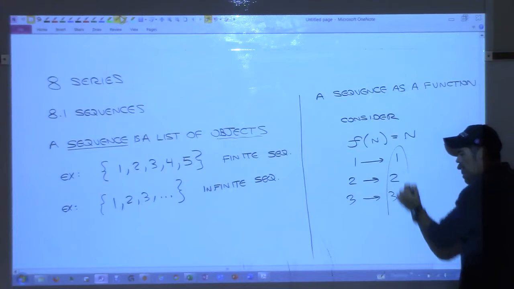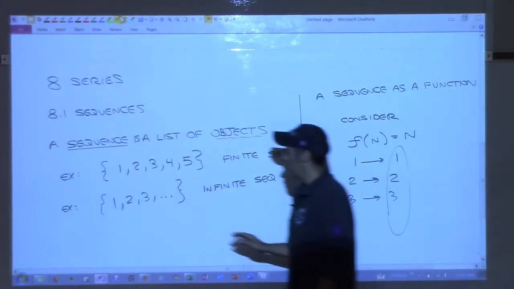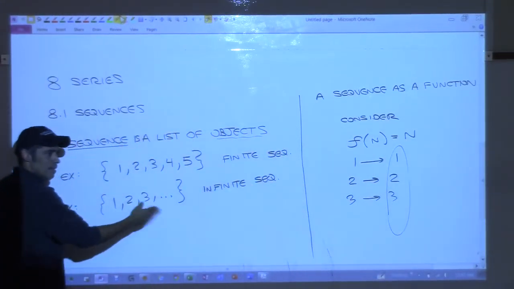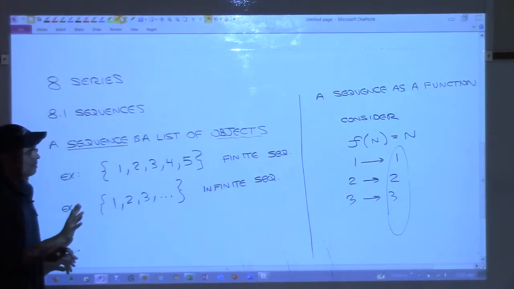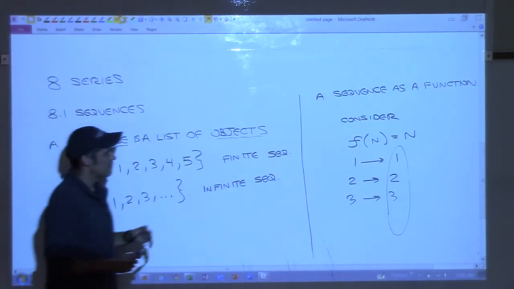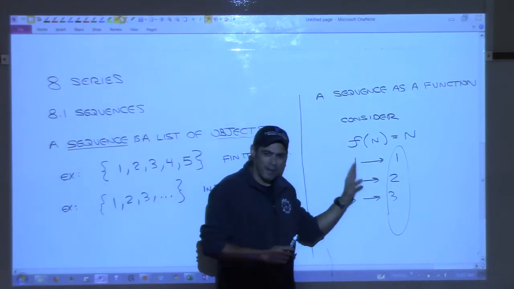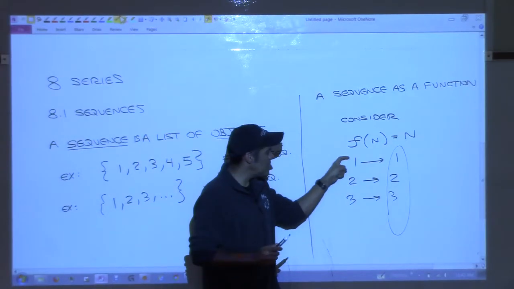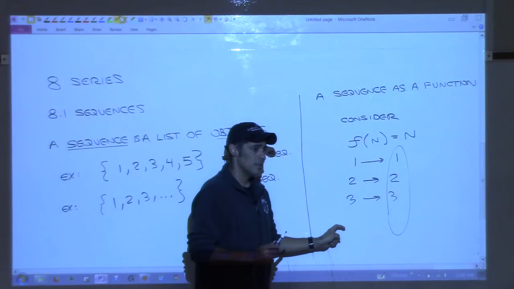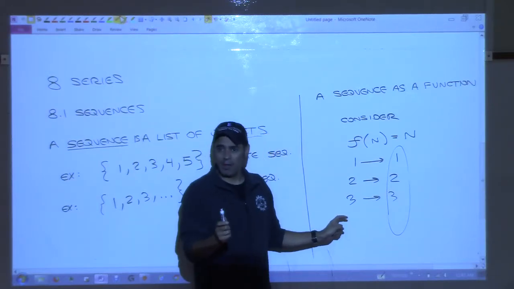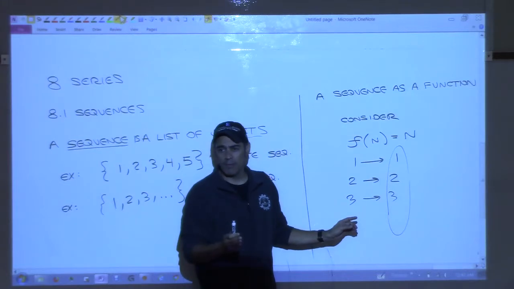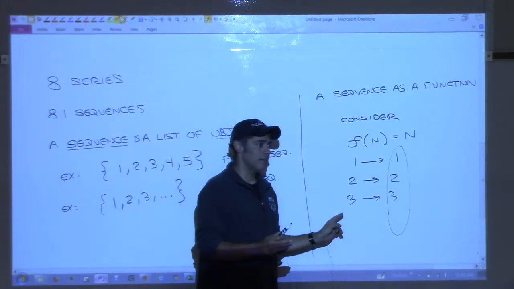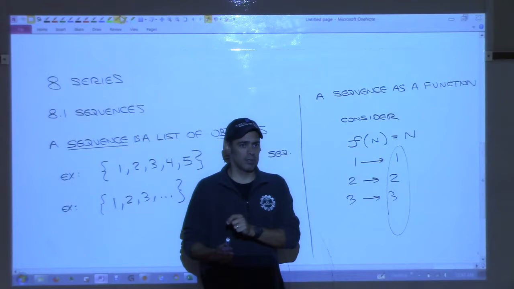And if I look at that list of outputs, 1, 2, 3, 4, that's basically this list right here, isn't it? But the catch here is that I'm saying this is the function, but you can only plug in certain numbers. Like you're not allowed to plug in 1/2 anymore. You can only plug in positive integers.